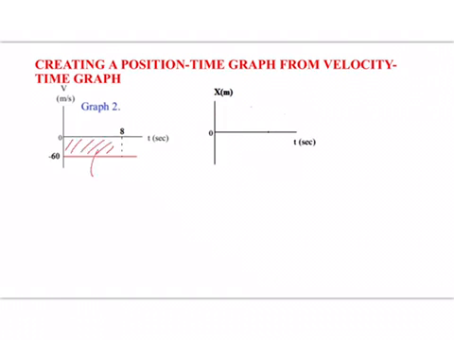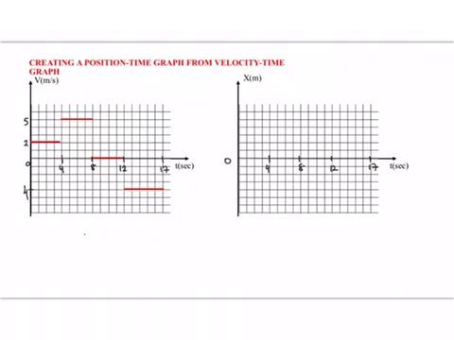So the area under it, the displacement will be equal to minus 60 times 8, which is equal to minus 480 meters. So if the initial position is 0, there will be a displacement in the negative direction equal to minus 480 meters.